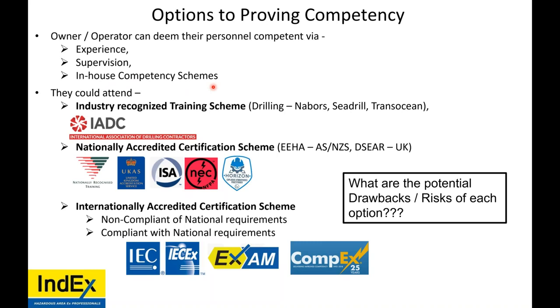Now, that could be by using any of these schemes below, or it can just be what they feel is sufficient. Ultimately, they are the owners of their facility. They make the choice. They define their choices based on a risk analysis.